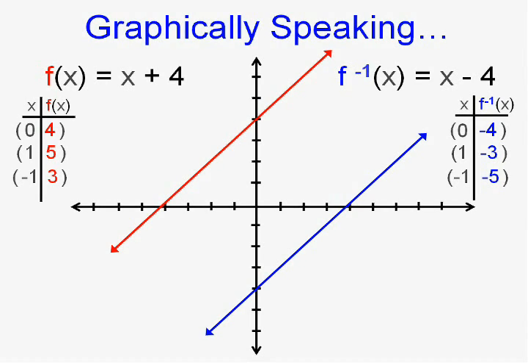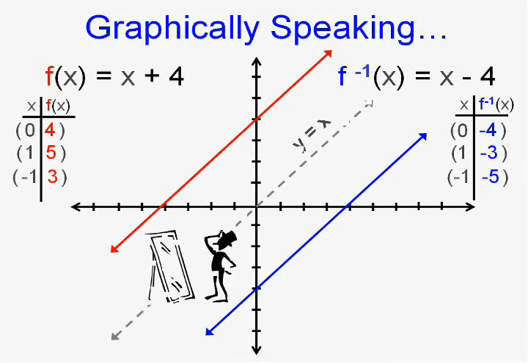Now, what will always happen when you graph a function and its inverse function, since one is the interchanging of x and y, is that they will be a mirror of each other about the line y equals x.